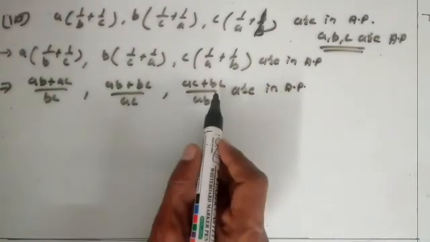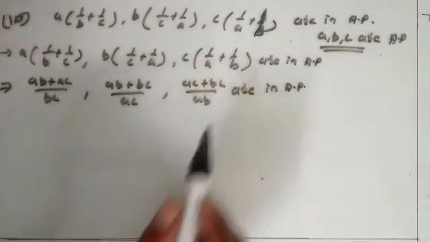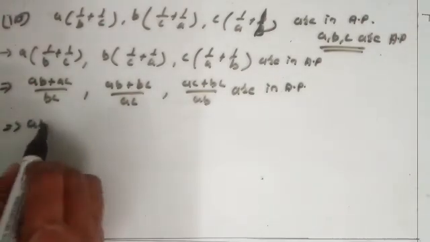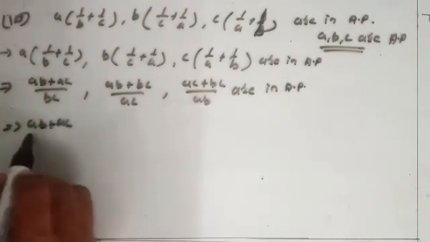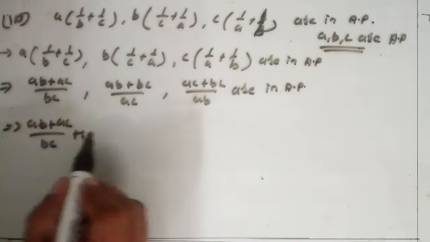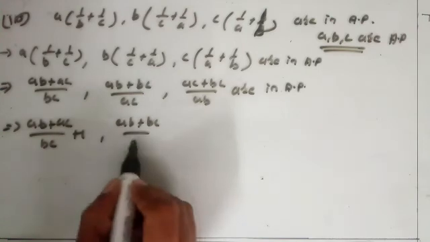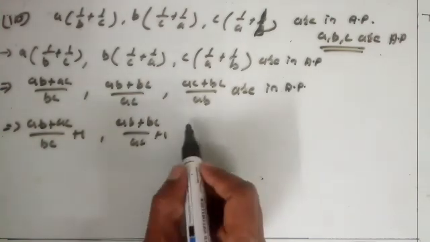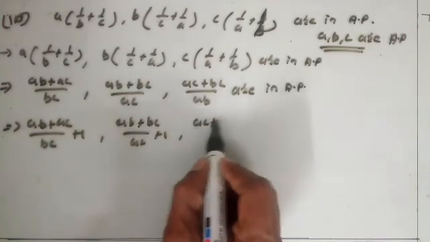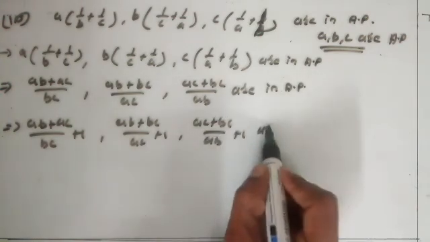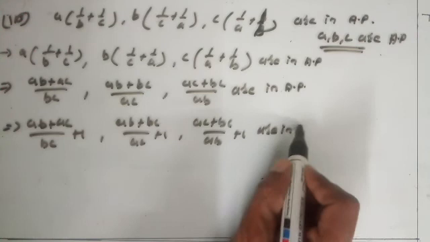All terms are in AP, and if we add 1 to each term, then it is also an AP. So (ab plus ac) upon bc plus 1, (ab plus bc) upon ac plus 1, and (ac plus bc) upon ab plus 1 are in AP.